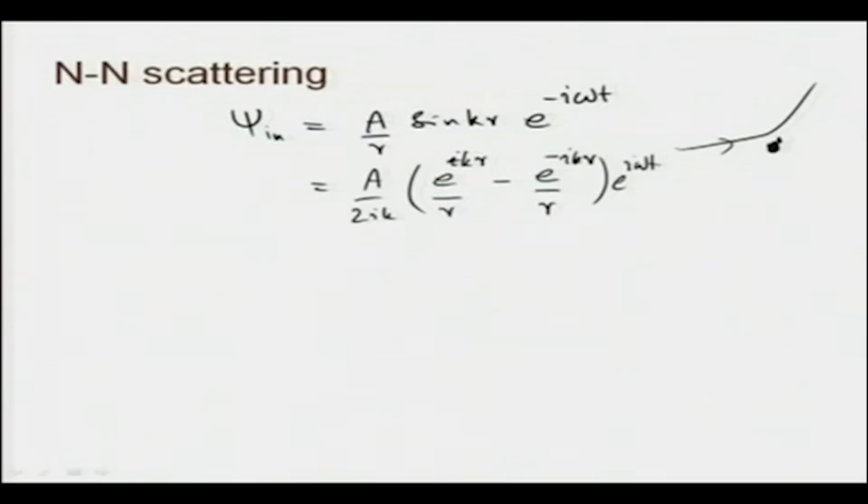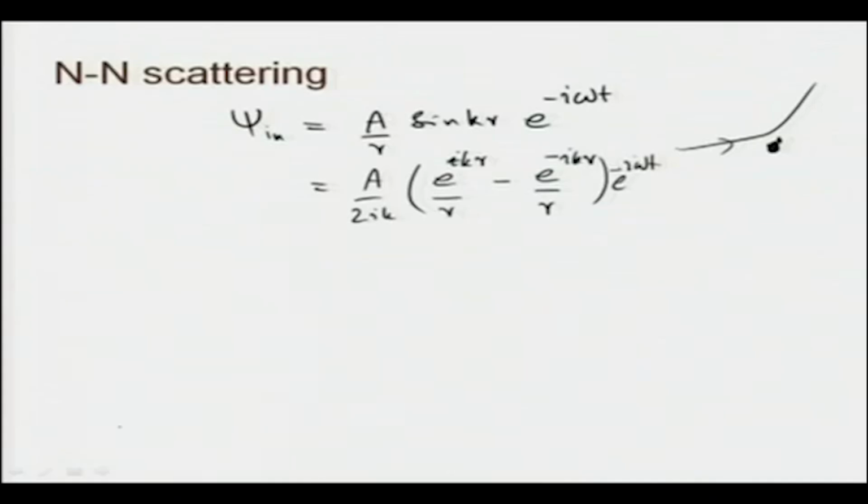We had a u with A sin k r, and in the spherical part of the wave function we have u by r, which is A by r sin k r e power minus i omega t, and then that can be rewritten in terms of exponentials as A over 2 i k, e power i k r over r minus e power minus i k r over r.